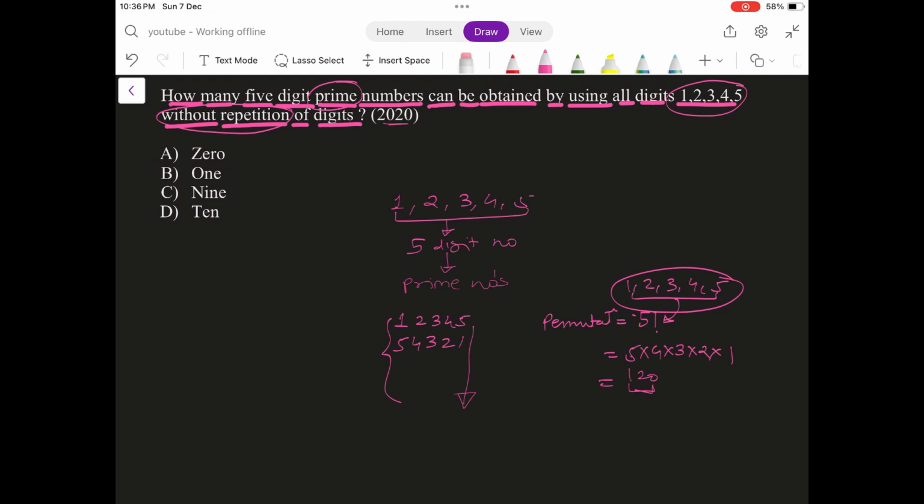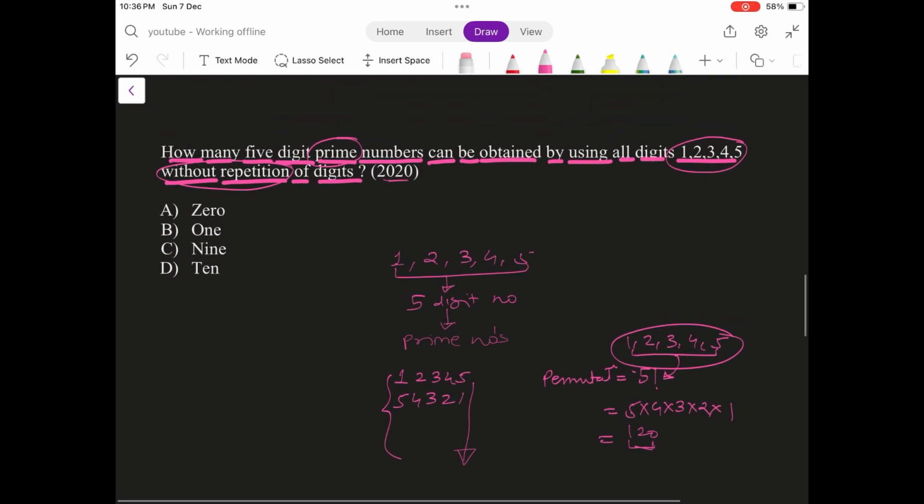तो यहाँ पे UPSC ने एक ट्रिक दिया है जो आपको पकड़ना है कि 1, 2, 3, 4, 5 अगर आप इस डिजिट्स को ऑब्जर्व करेंगे तो इस डिजिट से कोई भी नंबर अगर बन रहा है तो sum of its digits is what? 1 + 2 + 3 + 4 + 5 which is 15, and 15 is divisible by 3.